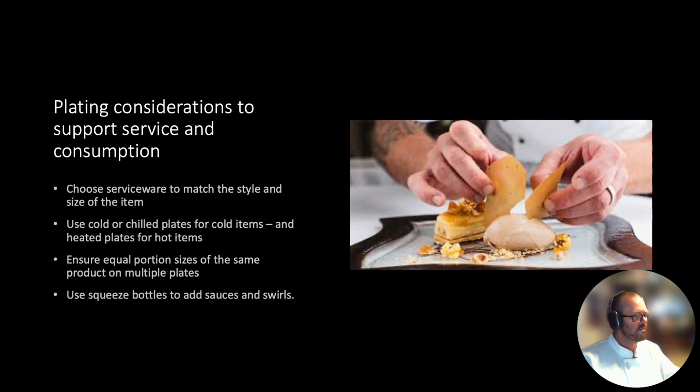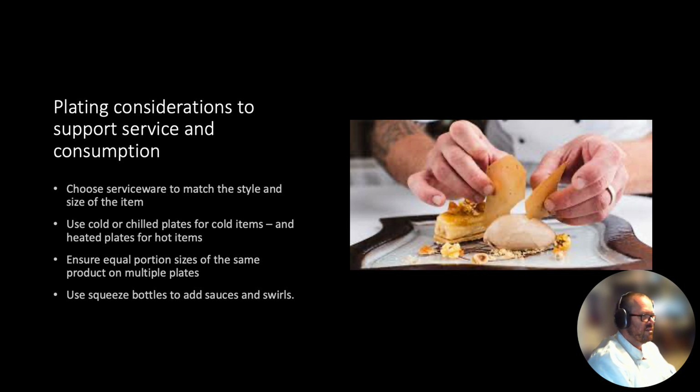Plating considerations, right, to support service and consumption. Maybe we're talking about why we are going to use a certain item. Just looking at that picture, it's a really interesting plate. It's a square plate with sort of wavy lines. They say plates add an element of class and certainly raise the prices of the dishes that you are serving.